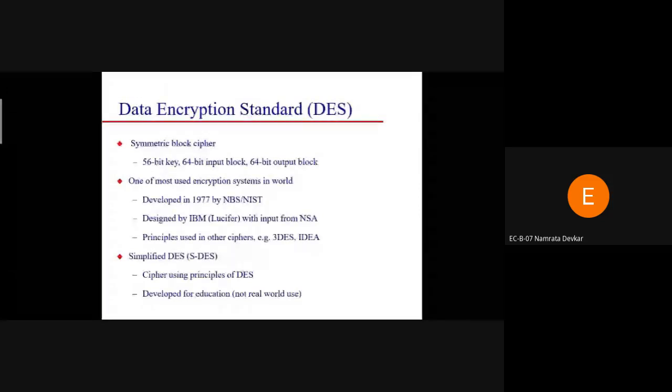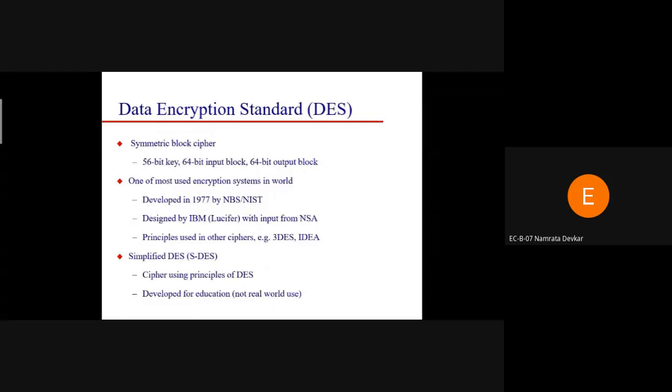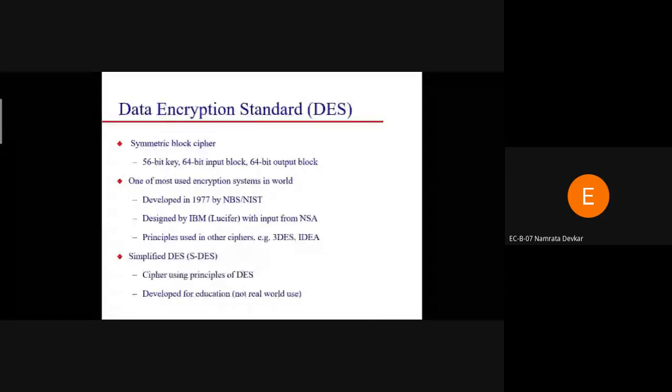So the Data Encryption Standard uses the same key for encryption as well as decryption. If we use a 64-bit encryption key for encryption, then the same key will be used for decryption. That is called a symmetric block cipher.